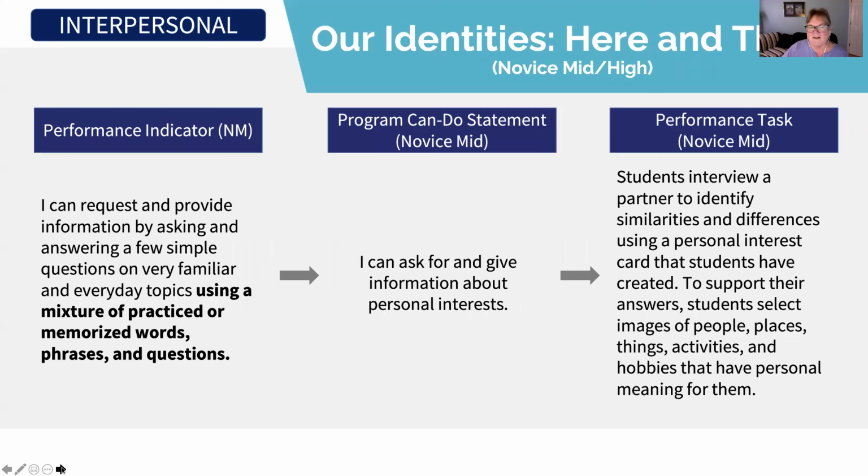But darn, this curriculum got written for novice mid, novice high. The program can-do statement was, I can ask for and give information about personal interest. Okay, well, that's a pretty simple conversation.